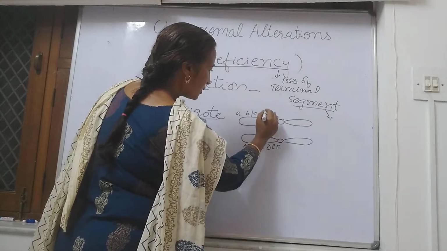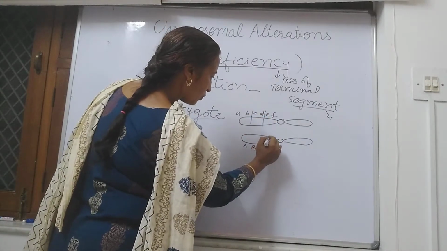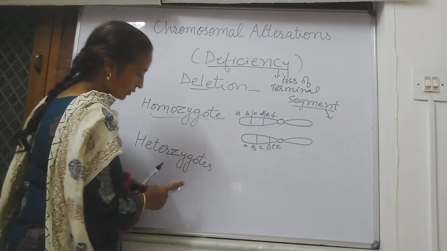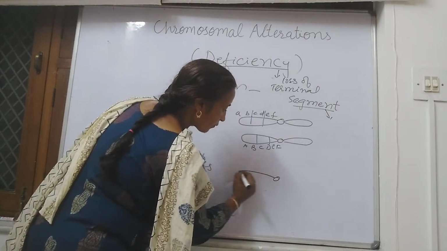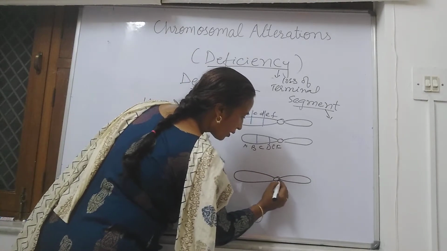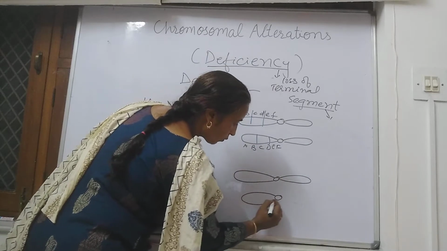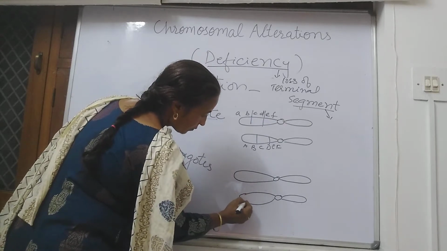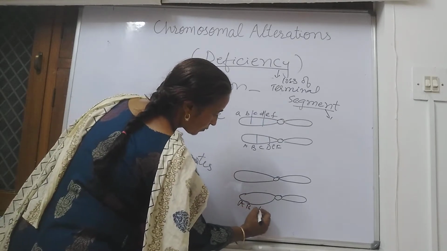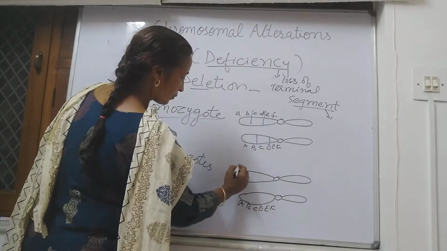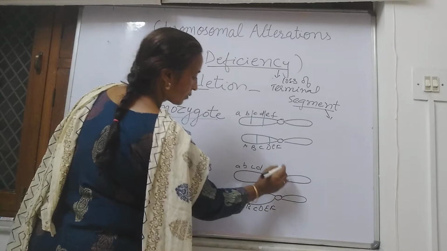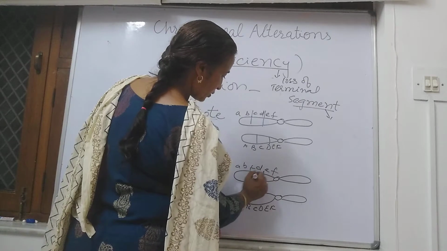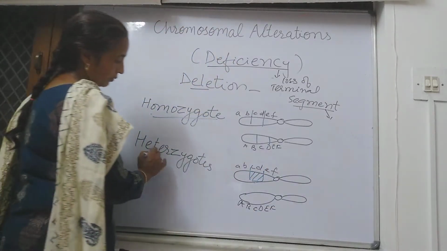That is, suppose this segment is lost here, and in the homologous chromosome this segment is also lost. And in deletion heterozygote, only one of the pair of homologous chromosomes shows deletion. In this case, this is deletion heterozygote.